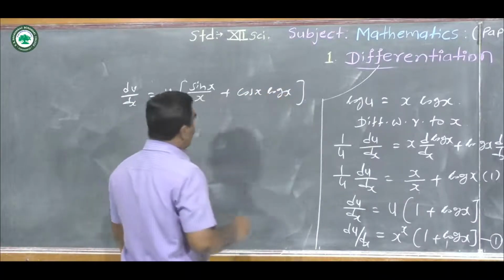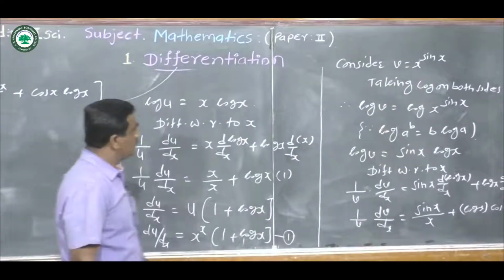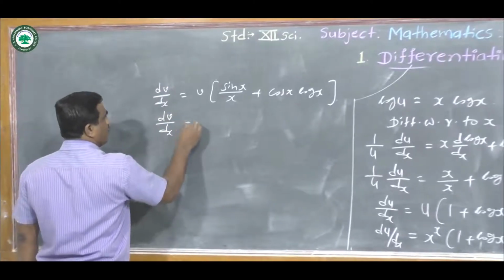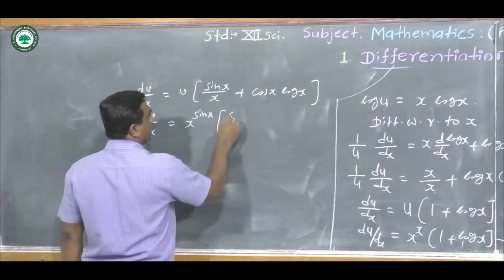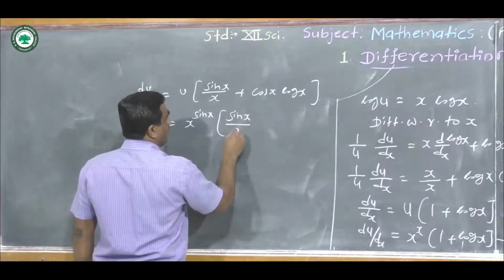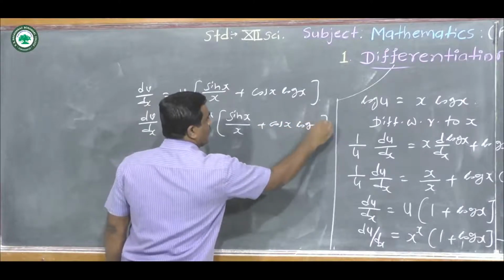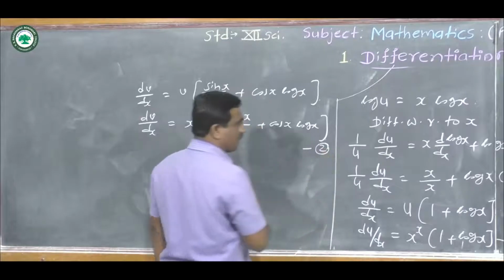Now put the value of v here, the value of v is x raised to sin x. Therefore, dv upon dx equal to x raised to sin x into in bracket sin x upon x plus cos x into log x. So say this as equation number second.